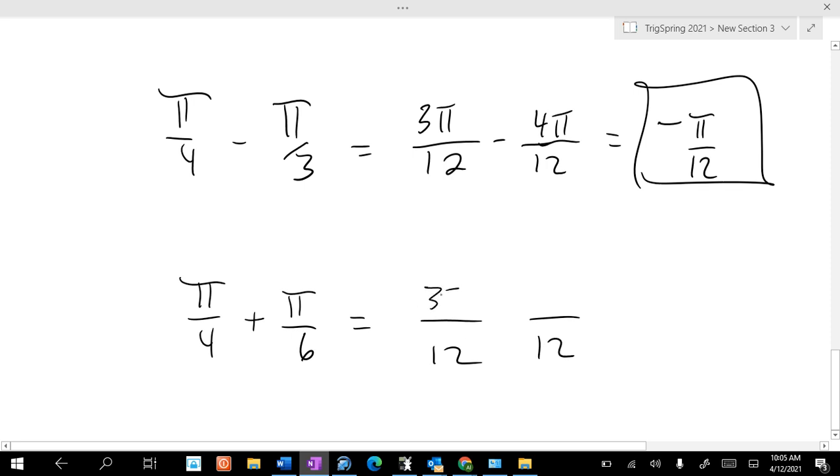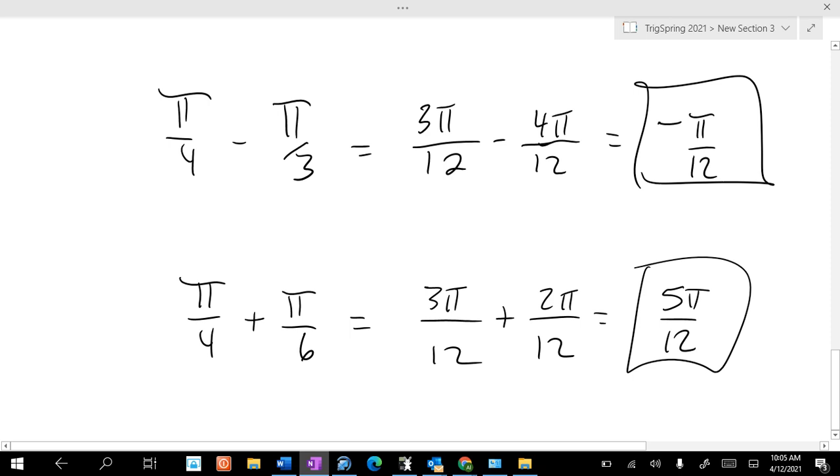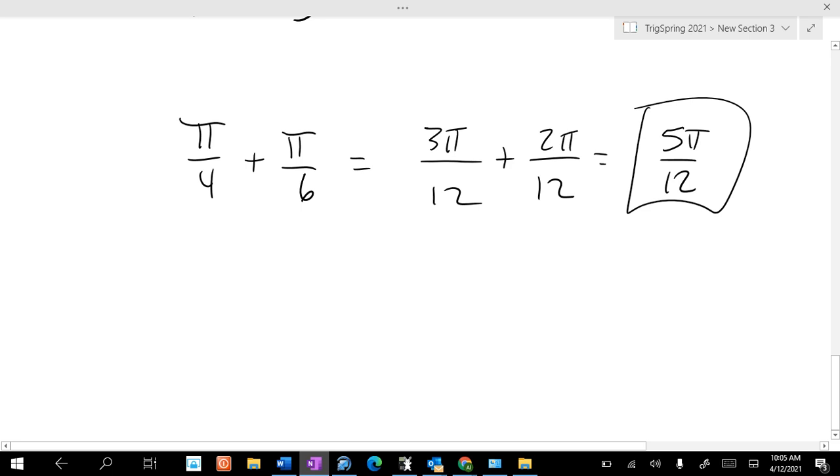So pi over 4 is 3 pi over 12, plus pi over 6 is 2 pi over 12. You get 5 pi over 12. Okay, so you can add fractions, right? All right. So we'll have to figure out numbers that go into other numbers.